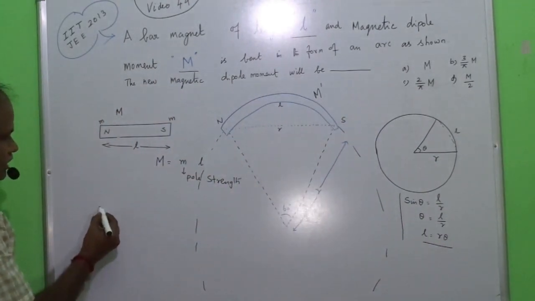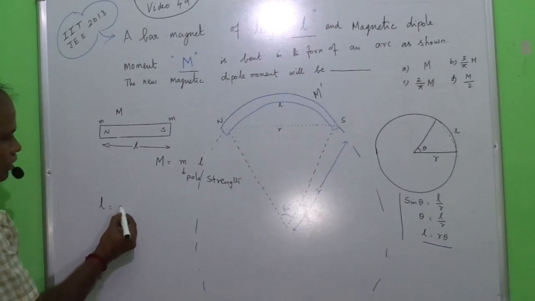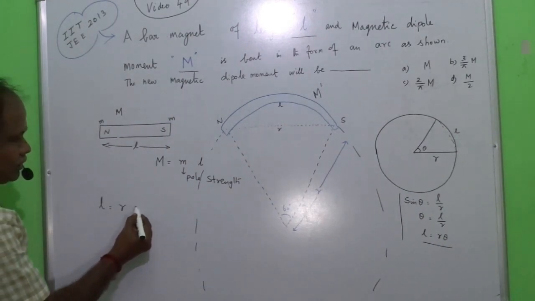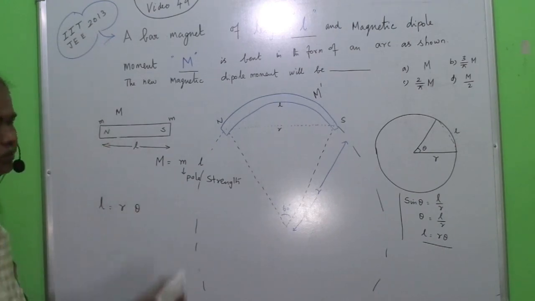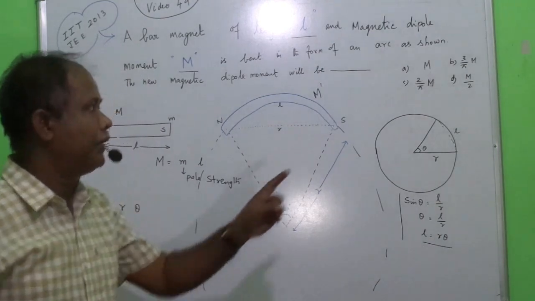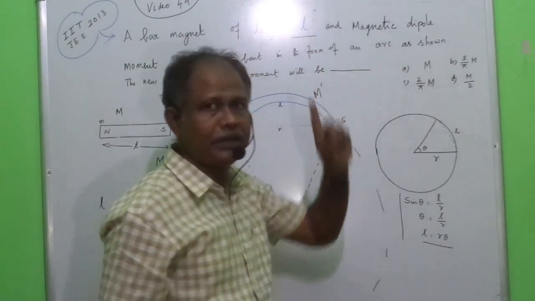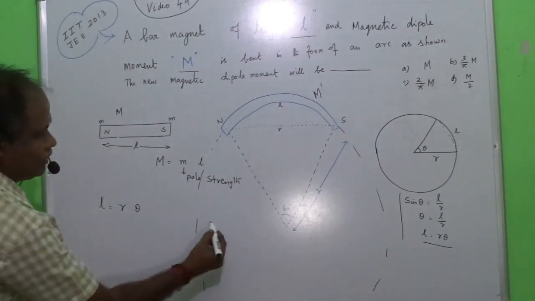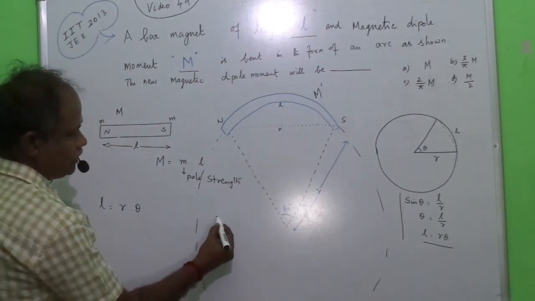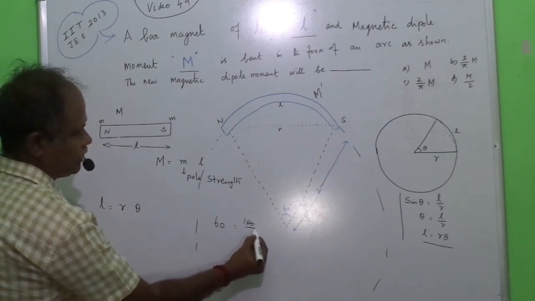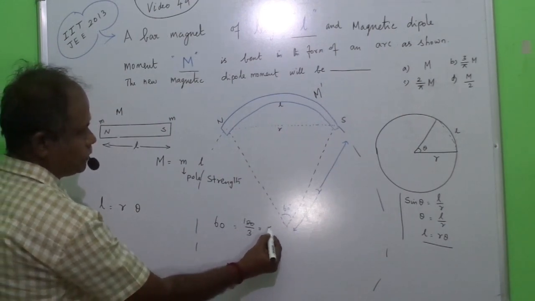Here L is equal to R theta. We must write theta in terms of pi. Pi is 180, then theta is equal to what? 60 degrees is 180 divided by 3, that is pi by 3.